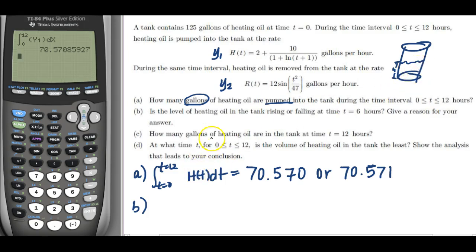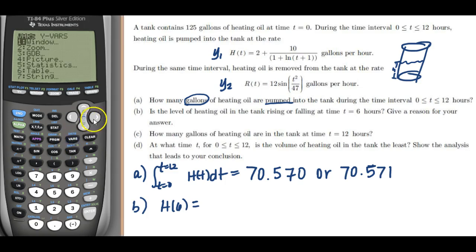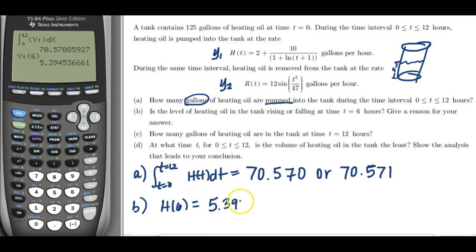So here we're comparing H of 6 and R of 6. So H of 6, the rate at which oil is coming in, is a value we can find on our calculator exactly. So H was Y1, so VARS, Y-VARS, Y1 of 6 is 5.394.